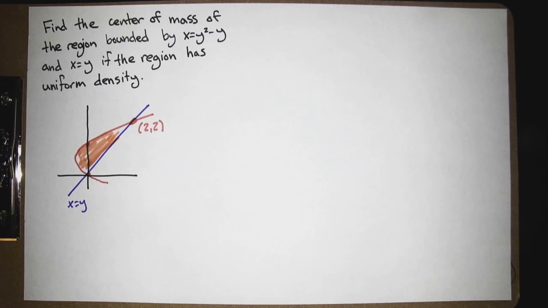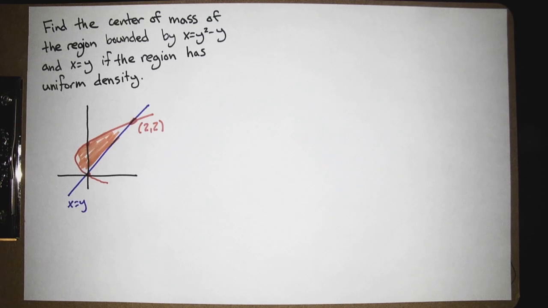Now we're told that our region has uniform density. When it has uniform density, what does that tell us about our density function? It's a constant. Now, someone said 1. The question is, what density should we assume? You can put a constant k. Will the constant k change the mass? Yes. Will it change the center of mass?